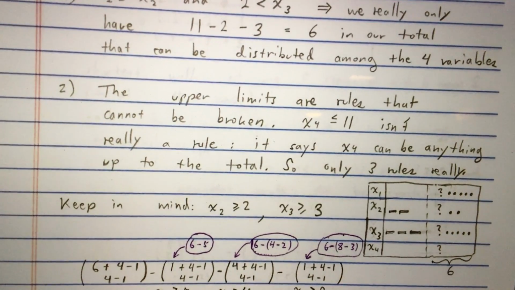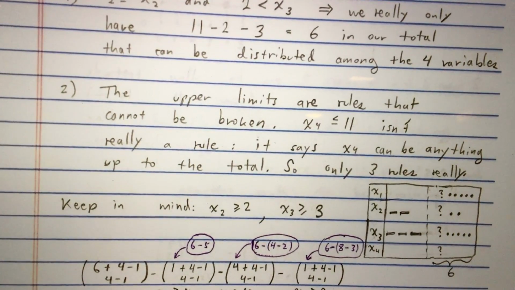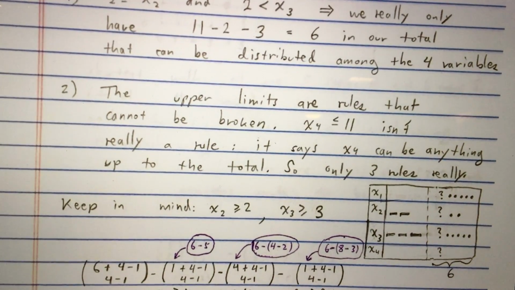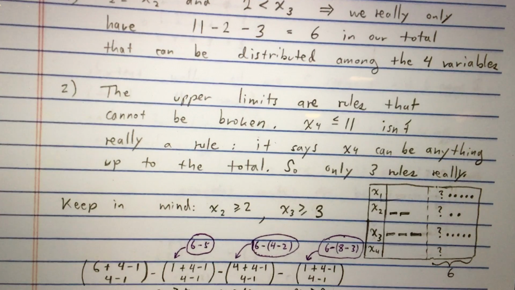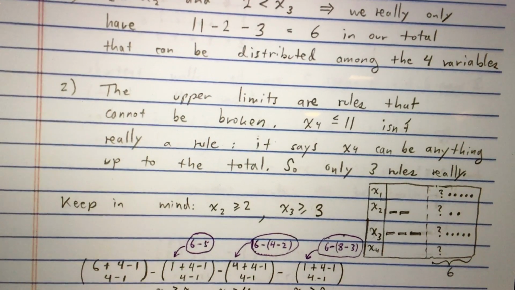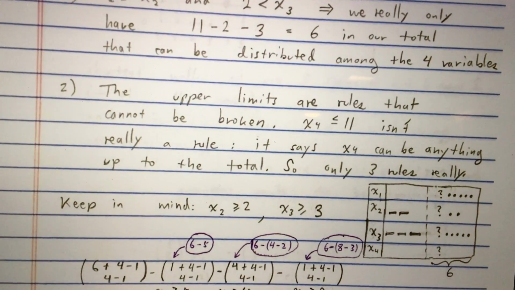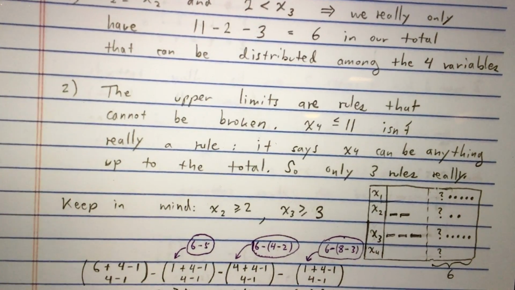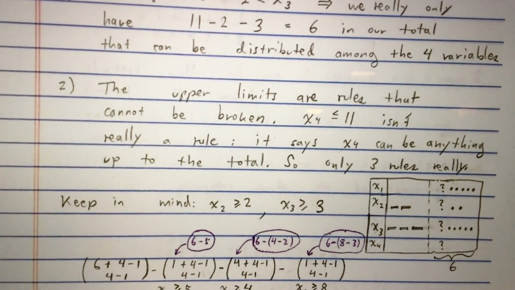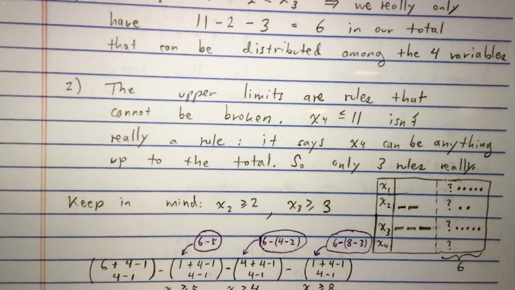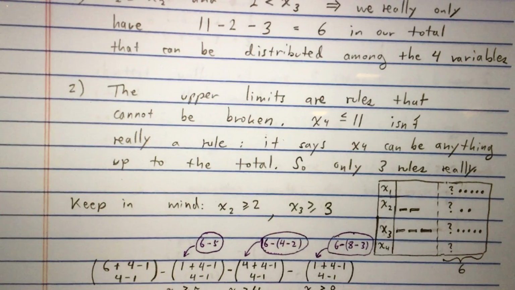But then to keep track of the rules, say that x1 can't be greater than or equal to 5. So 5 dots there would break that rule. Then x2 can't be greater than or equal to 4. So I put in 2 dots because 2 dots plus the 2 pre-allocated spots would be 4, which would break the rule.